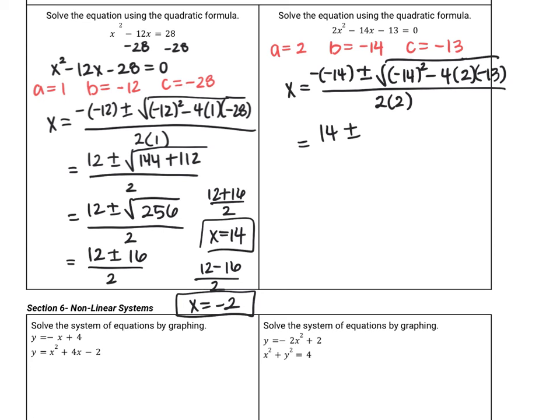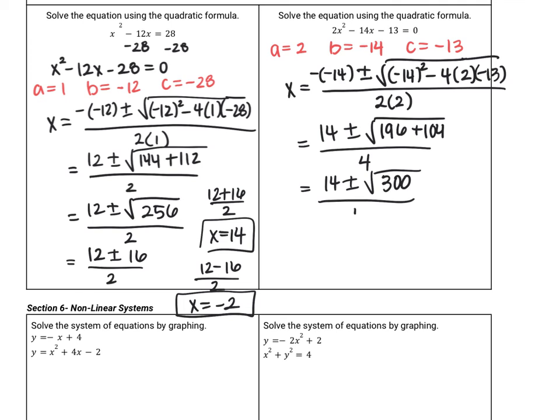We get 14 plus or minus the square root, and then negative 14 squared is positive 196. Negative 4 times 2 times negative 13 is positive 104 all over 4. So we get 14 plus or minus, and then 196 plus 104 is 300 all over 4.